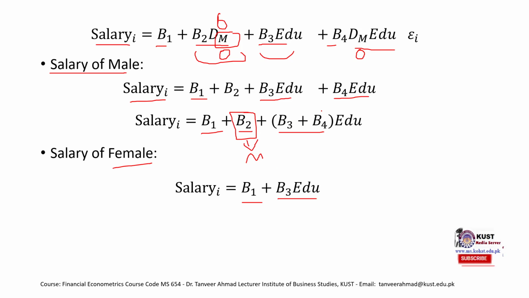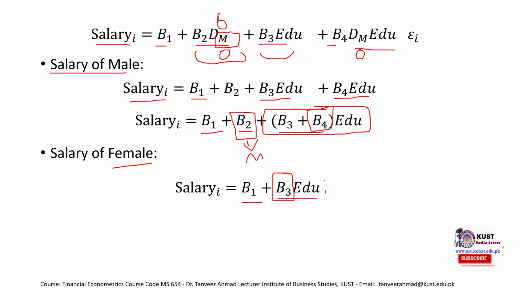And then you can see, this is the part that we are more interested in on this slide. This B4, which is the interaction term, shows us that for the same level of education, a female would have an increase in salary of B3.